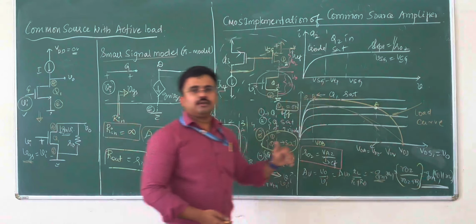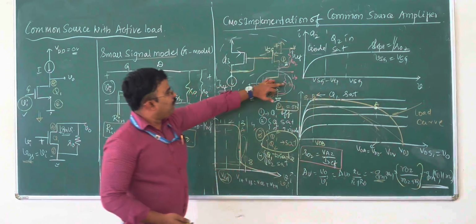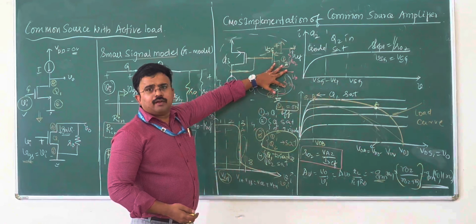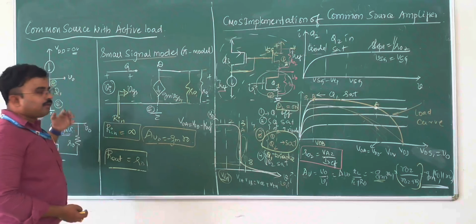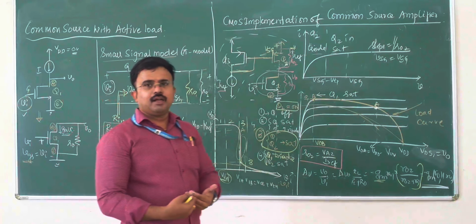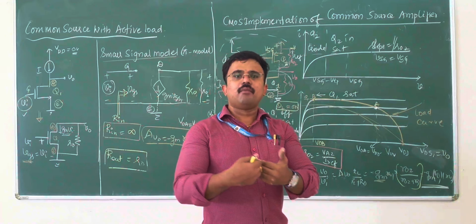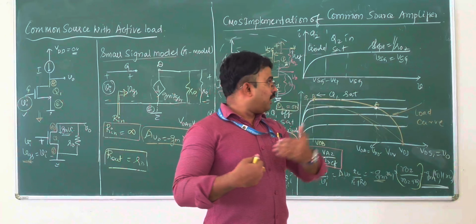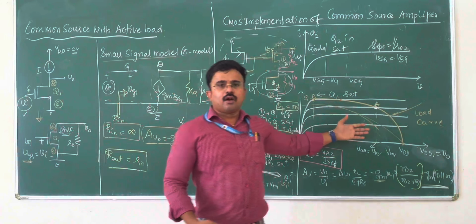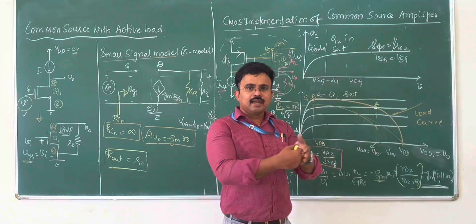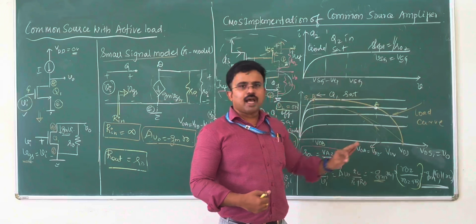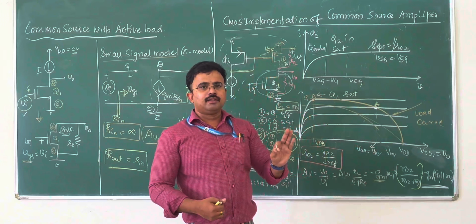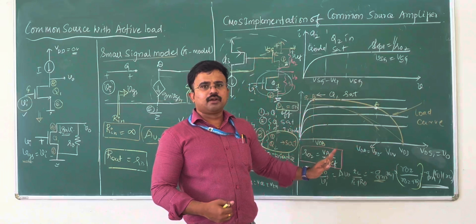So what is the outcome here compared to the passive common source amplifier? The passive common source amplifier gain may be high, but the active load common source amplifier gain is slightly reduced. But this circuit has very good stability.